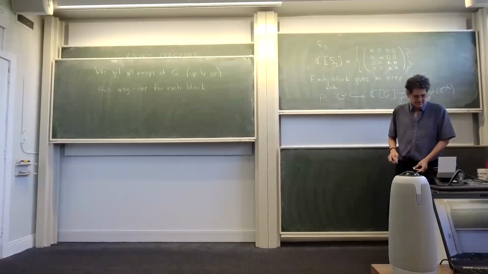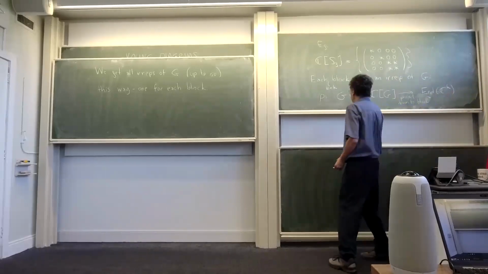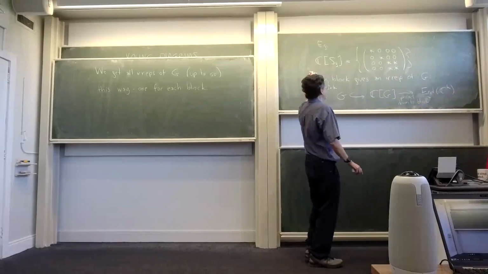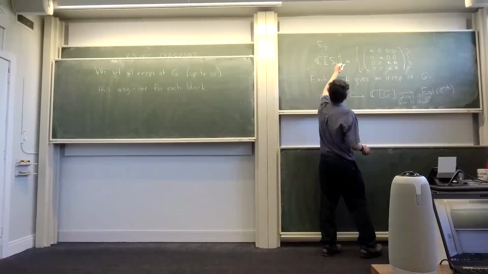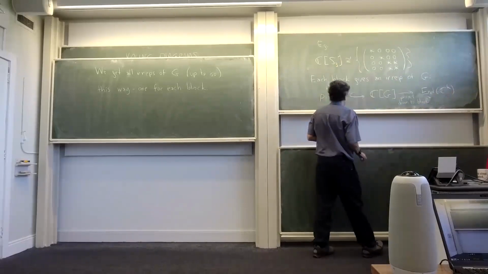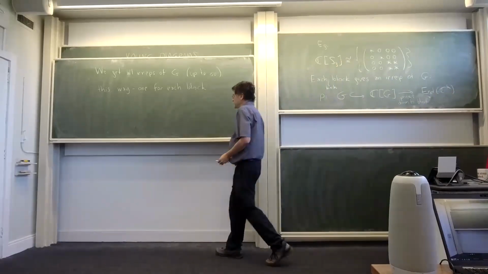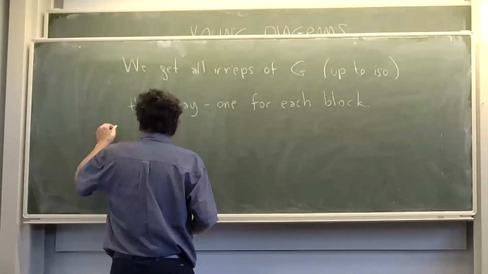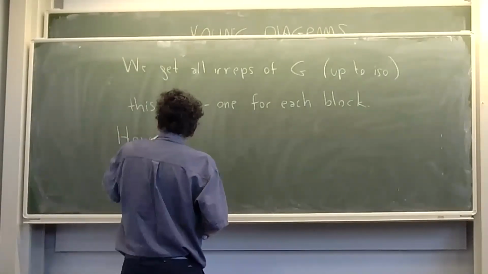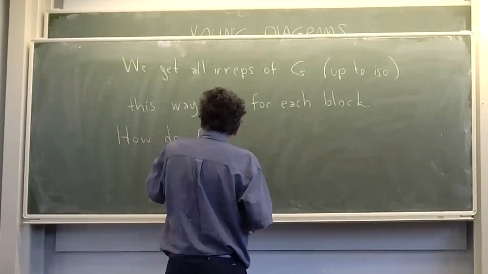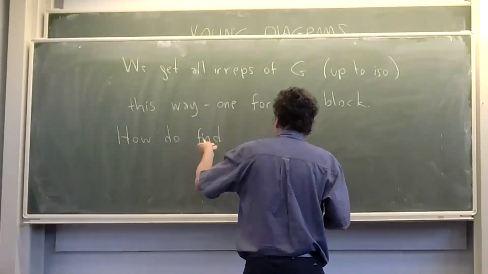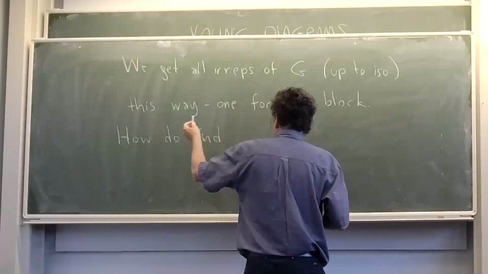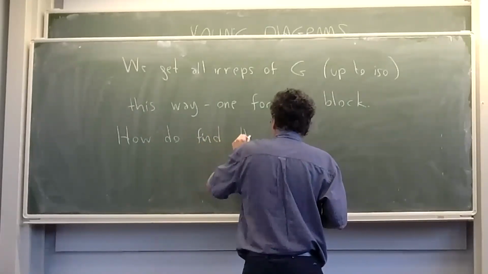Okay. So the big question is how do you find these blocks? Because I'm laying it out for you here as if this isomorphism was obvious, but that's exactly what's not obvious. How do you find the isomorphism to an algebra of block diagonal matrices?